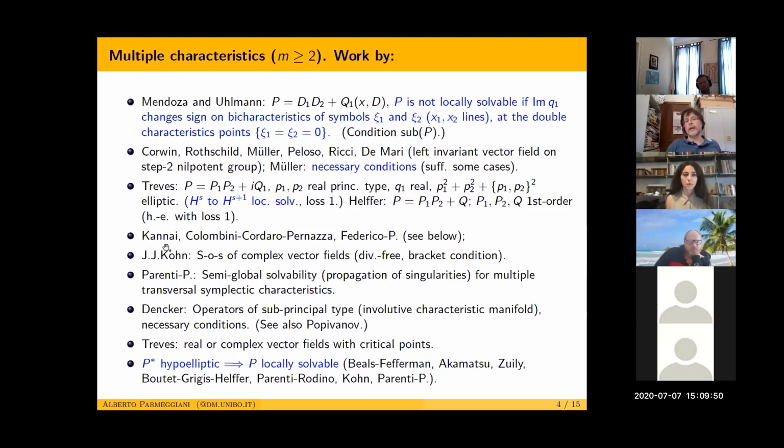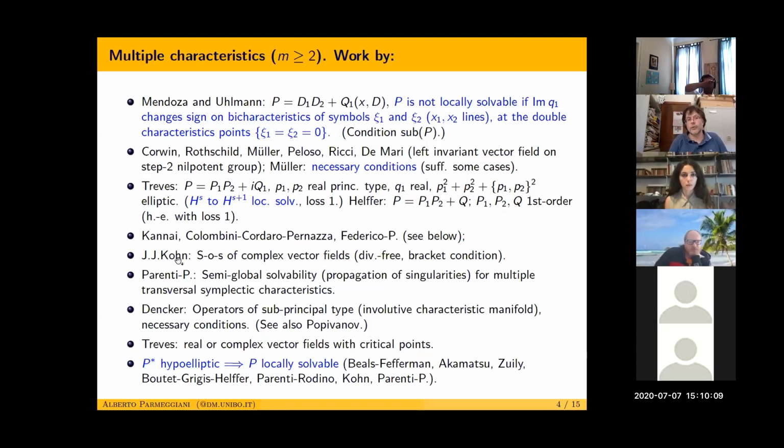And then there is the celebrated Cordaro example, a hypoelliptic but non-solvable operator, from which Colombini, Cordaro, and Pernazza, and also later Federico and myself, took the inspiration for this class of operators we are going to consider.